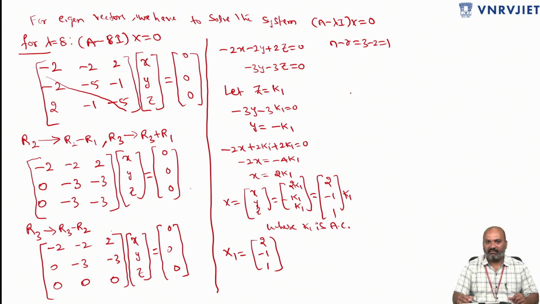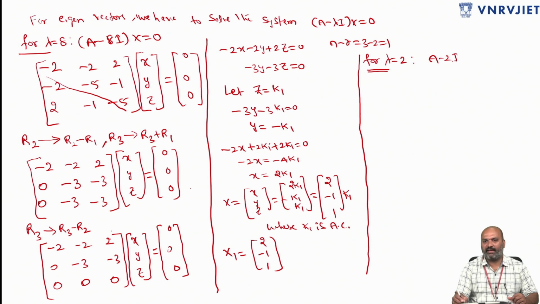Now in a similar manner, we proceed for lambda equals 2. For lambda equals 2, the system becomes (A minus 2I)X equals O. If you subtract 2 from the principal diagonal elements, what do we get? 6 minus 2, which is 4, then minus 2, and 2. Next, minus 2, 3 minus 2 which is 1, and minus 1.